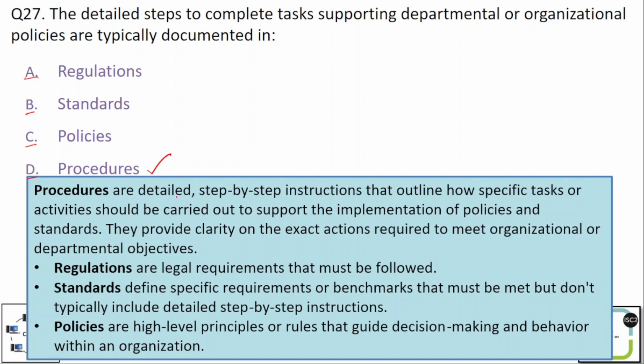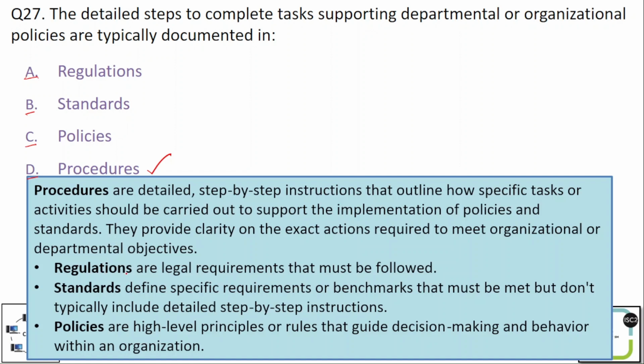So procedures are detailed step-by-step instructions that outline how specific tasks or activities should be carried out to support the implementation of policies and standards. They provide clarity on the exact actions required to meet organizational or departmental objectives.